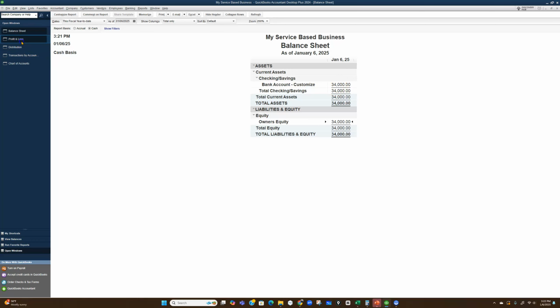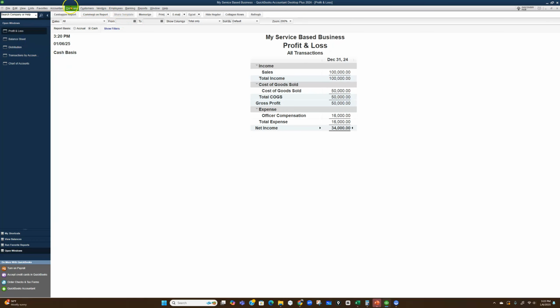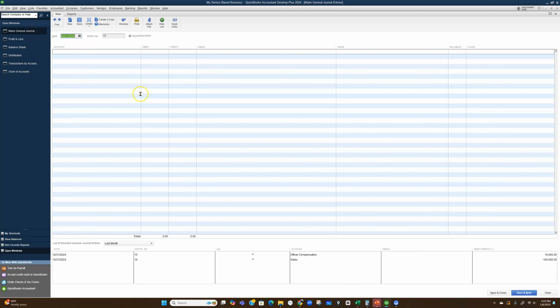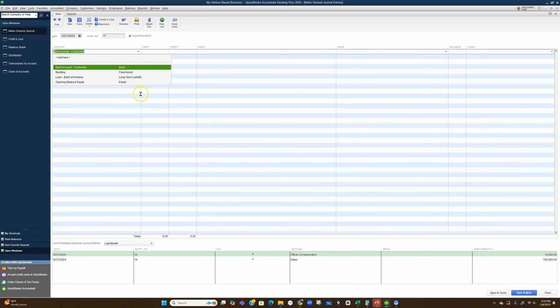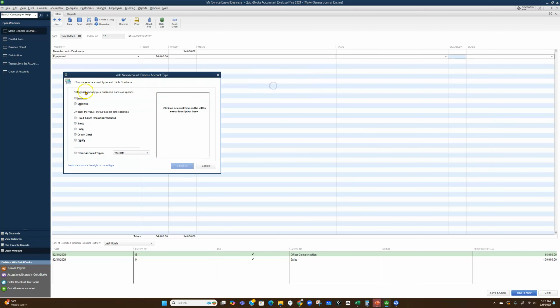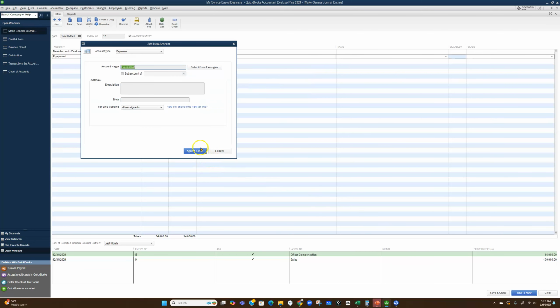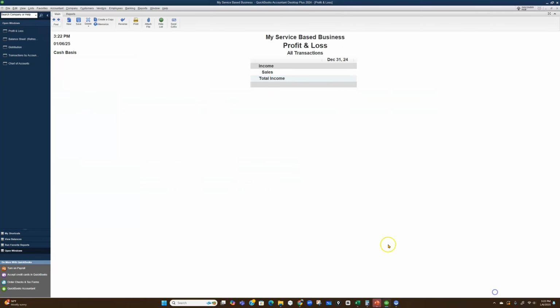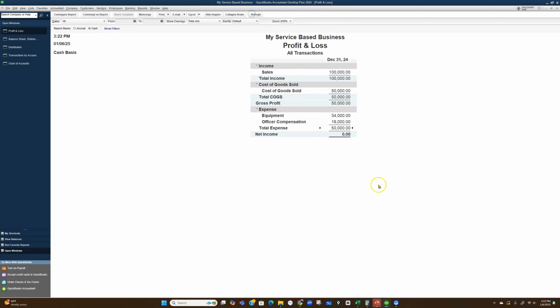Do we just go ahead and reinvest that $34,000 back into our business? So now we're going to spend the $34,000 and say we buy some equipment. Okay, so now we reinvested the $34,000 into equipment.